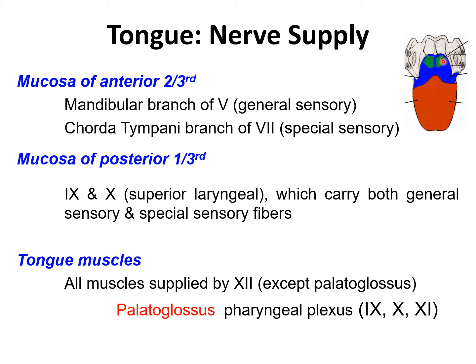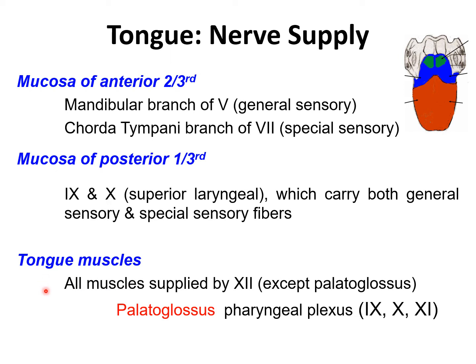And then finally, the most posterior part of the tongue may have contributions from the superior laryngeal branch of the vagus nerve, both general sensory and special sensory. And we'll come to it in a bit more detail in the next slide.